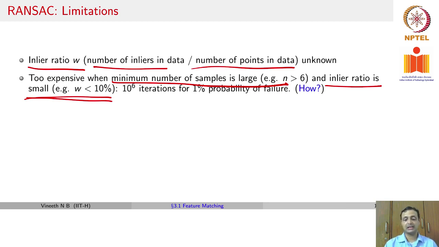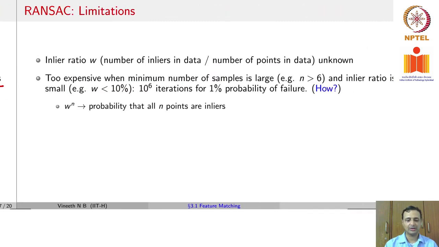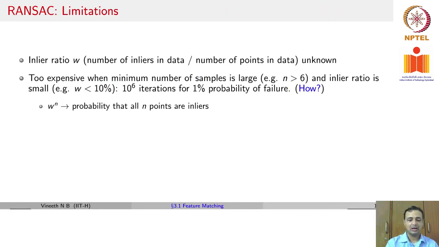In this particular case, it will be equivalent to having about 10 power 6 iterations to ensure a 1% probability of failure. Just to expand on this, I'm going to leave this for you to work out by giving a few hints. Remember that W is the inlier ratio, which means W power n is the probability that all n points that you picked are inliers.